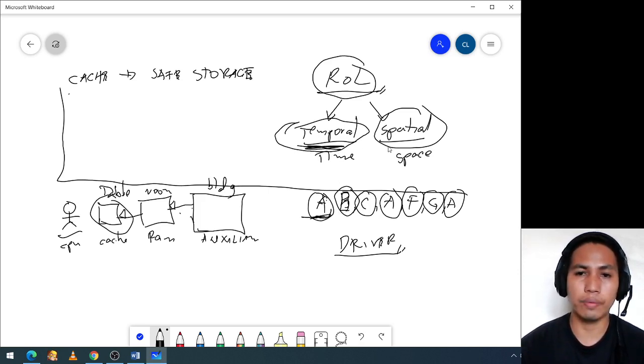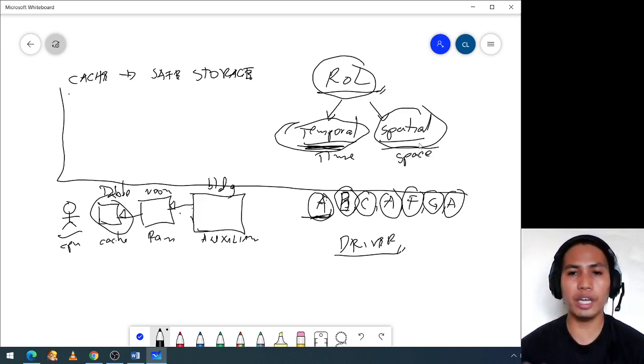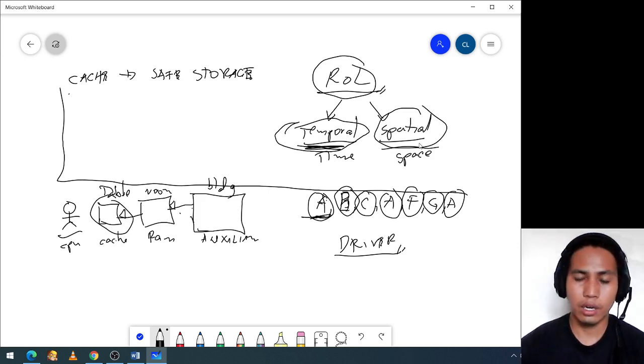Temporal locality. Then we have spatial locality. Spatial locality is from the word space. So, kung ano yung mas malapit sa'yo, imagine this one.